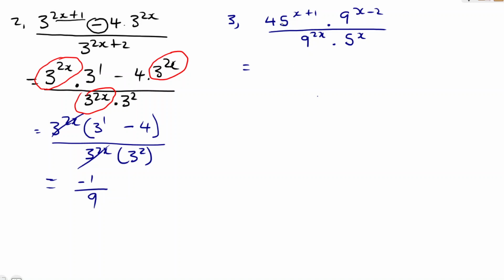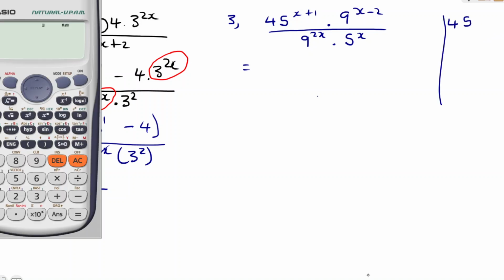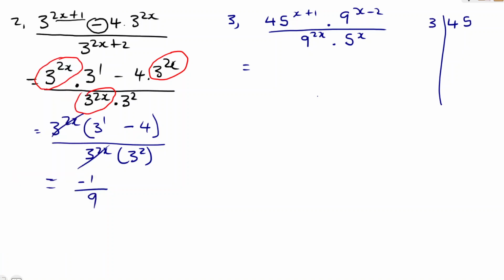So we have 45 now. We need to break down this 45 to become a small base. I need to divide this 45 so that I can put it in exponential form. So I'm going to take my calculator and say, okay, I want to divide this by 3, which is the smallest value.